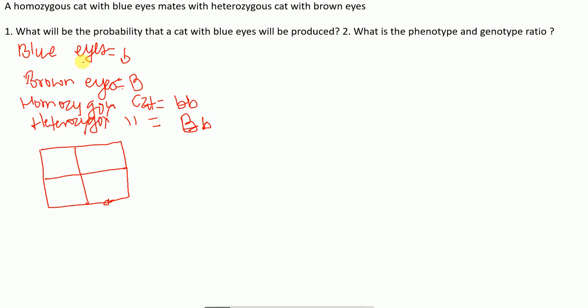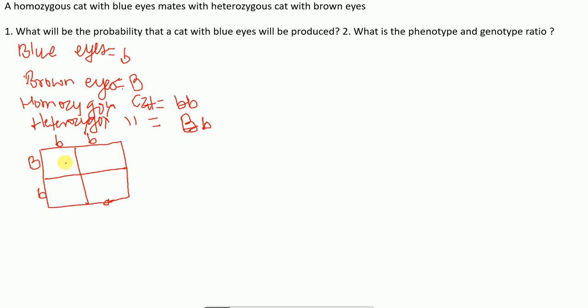For the homozygous cat we have small b and small b, so we will write small b here and small b here. Whereas for the heterozygous cat we will write capital B here and small b here. This is for the heterozygous cat.